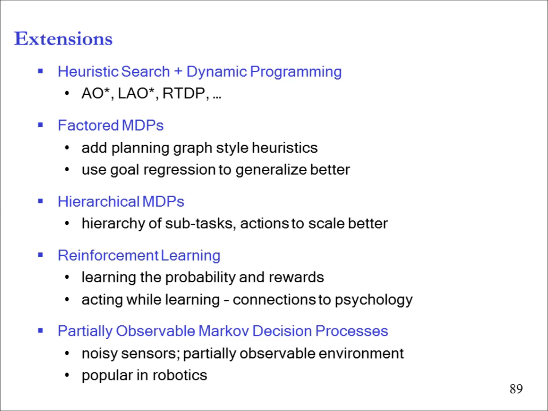How do I decompose a large problem into a subset of problems, and then decompose it further and further. What I'm going to talk about in week 10 or week 9 is a notion of reinforcement learning. So up until now we have been assuming that we have all the model ahead of us.